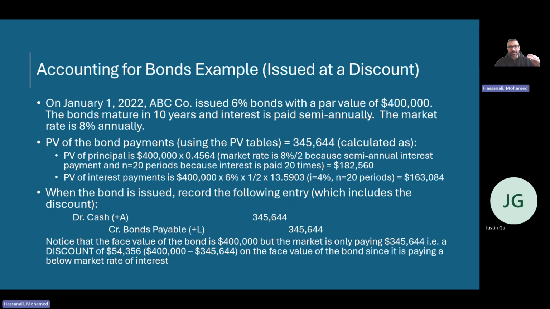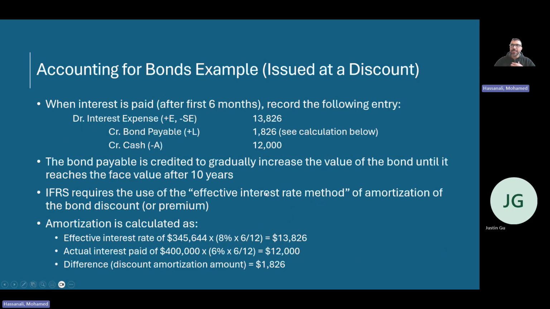Remember earlier in the slides, we said at redemption, you always pay the face value out to the lender. So we need to take our 345 and gradually work it up to 400,000. And that's what this does. This part of the entry gradually increases the liability. So in this case, it's a credit to bond payable, 1826, which increases the liability over time.